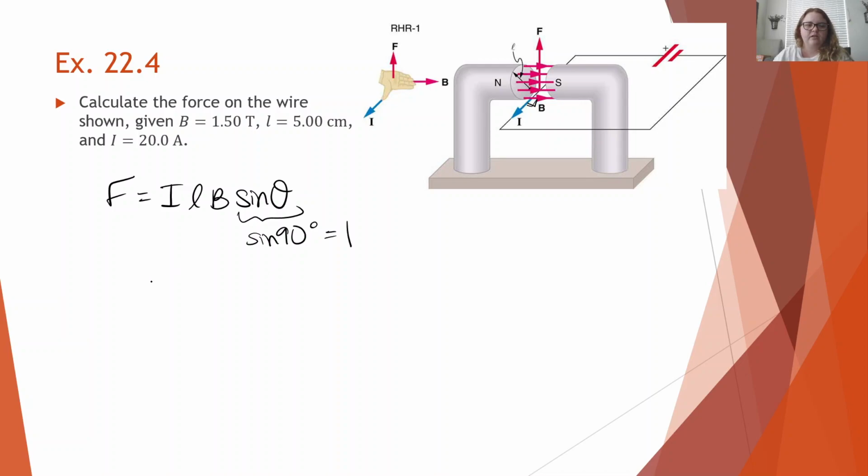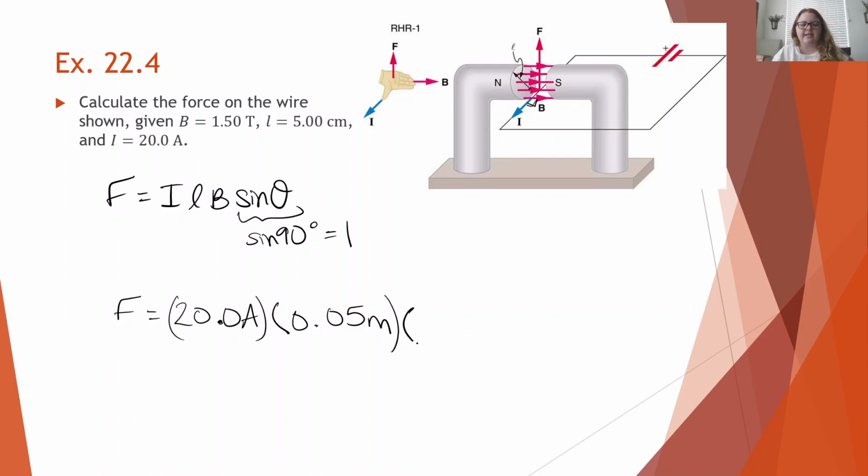They are perpendicular. So F is going to equal 20 amps times L, which is 0.05 meters if we convert that to meters, and then B is 1.5 teslas.